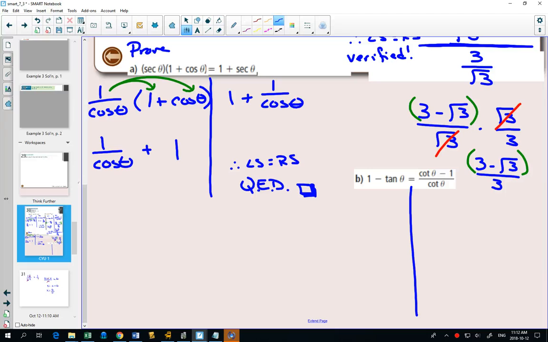So the main strategy we've learned so far for proofs is change everything to sine and cos. And after you've changed it to sine and cos, get a single fraction on both sides. And I'll tell you that 90 to 95% of all the proofs you have to do in this unit, you can do that way. But sometimes that makes it longer.